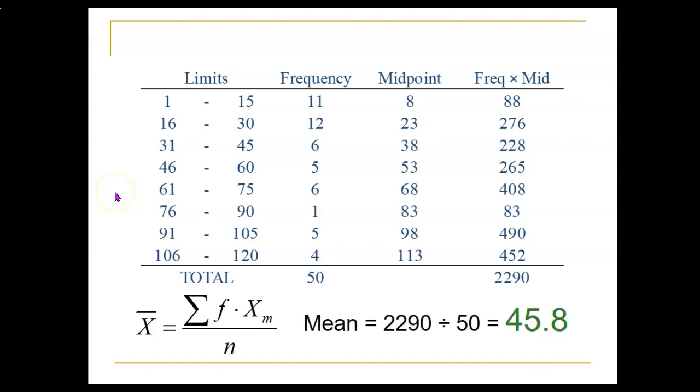So that represents like the average amount that people spend at this store. Some people spent between $1 and $15, some spent between $16 and $30, some spent between $106 and $120, but the average amount was $45.8.